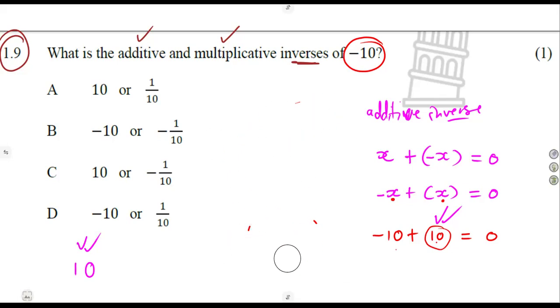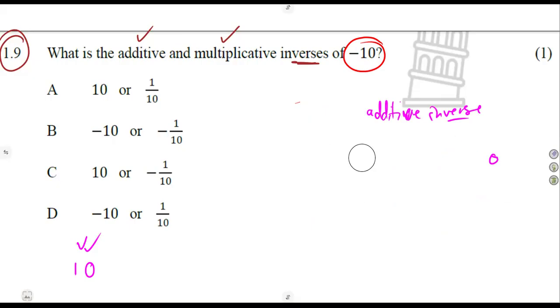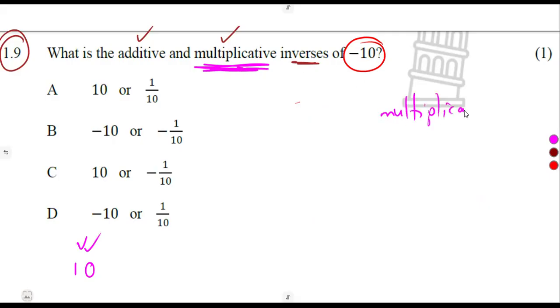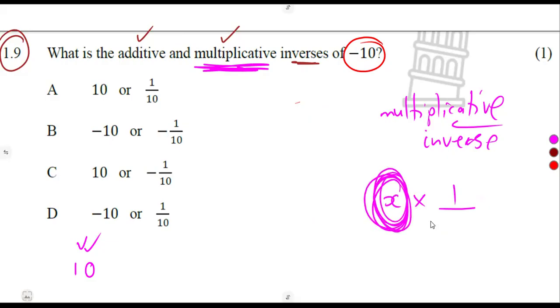There are two inverses that we are given here, guys. Do not forget. The other one is what? Multiplicative inverse. What is it about the multiplicative inverse? The multiplicative inverse states that if I have x, then I multiply it to 1 over that same x, this one.